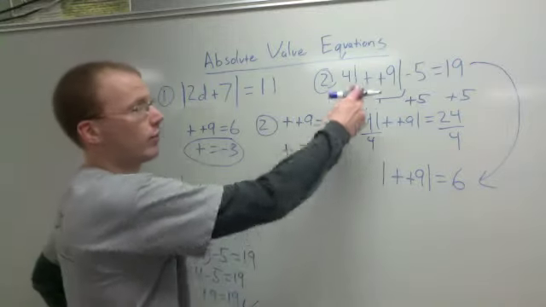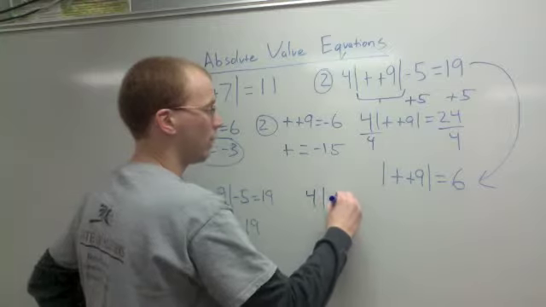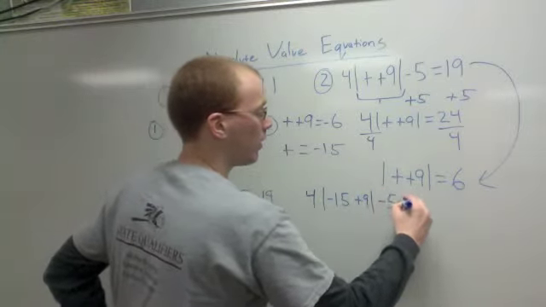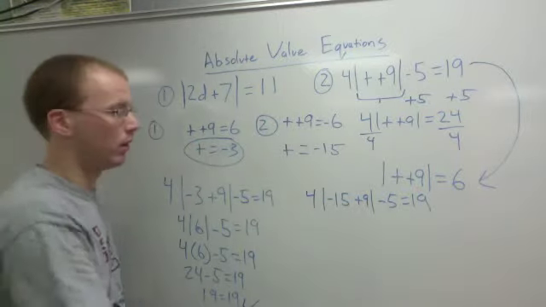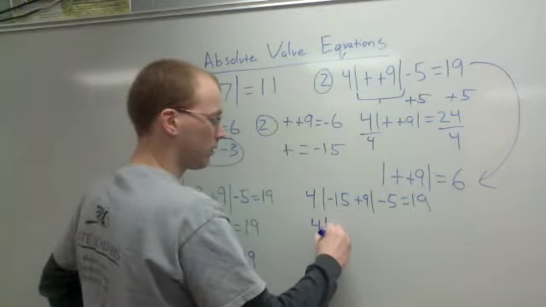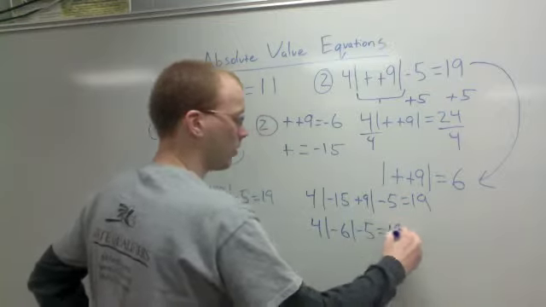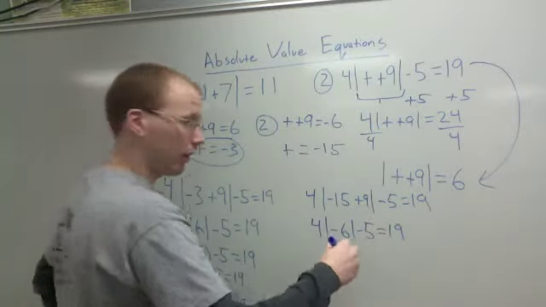I'm going to plug negative 15 into this equation. So I have 4 times the absolute value of negative 15 plus 9 minus 5 equals 19. Negative 15 plus 9 is negative 6. The absolute value of negative 6 is 6.